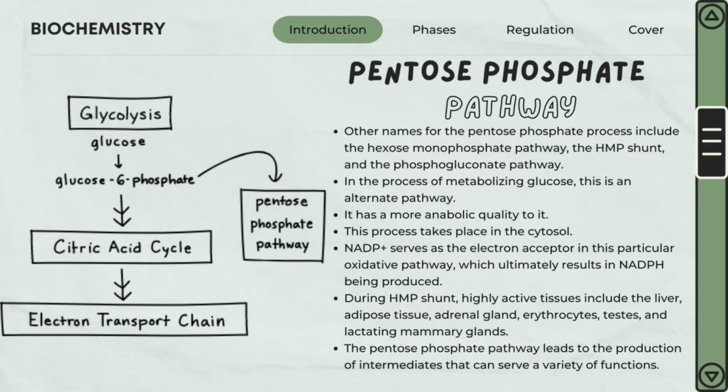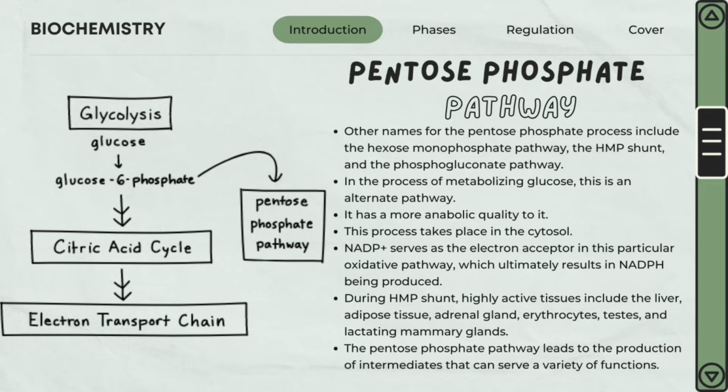This is because the structural and functional significance of DNA and RNA for all living things demands multiple layers of quality control. And there is an additional pathway that can be taken during glycolysis that results in the production of sugars that are used in the synthesis of RNA and DNA. This important physiological mechanism is known to us as the pentose phosphate pathway, which is also sometimes referred to as the hexose monophosphate or HMP shunt, and also as the phosphogluconate pathway.